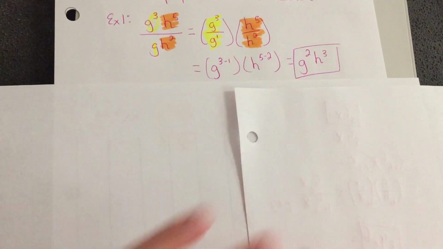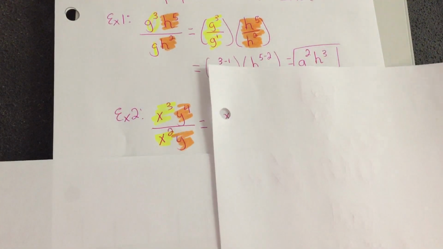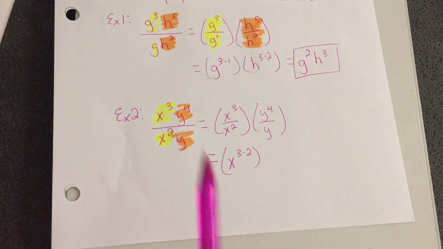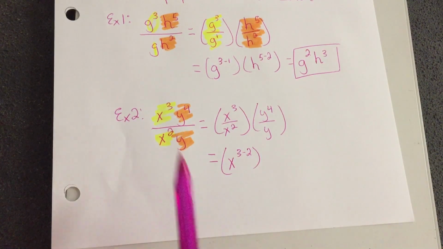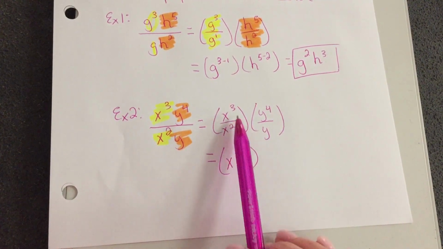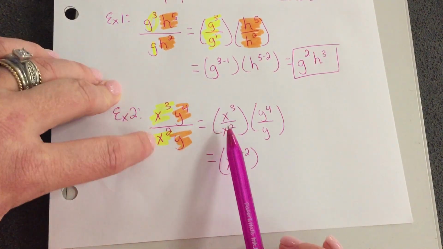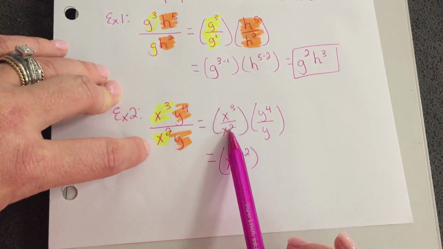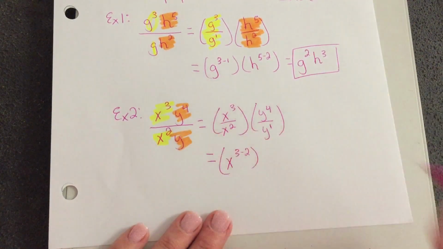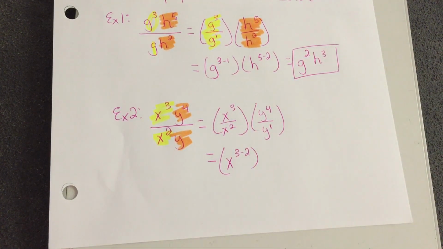Okay, so now let's look at example 2. The example here is x cubed y to the 4th over x squared y. And we're going to separate our x's. So we have x cubed over x squared, y to the 4th over y, and there's that first power right there.